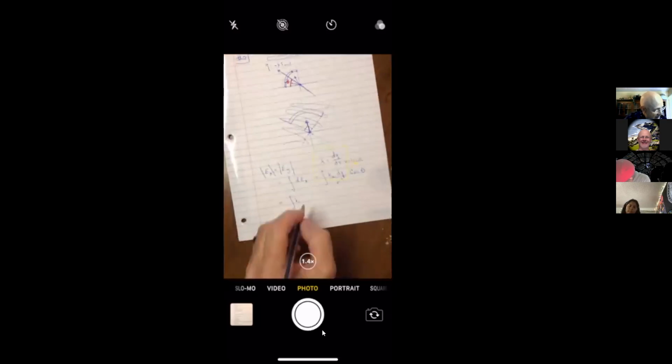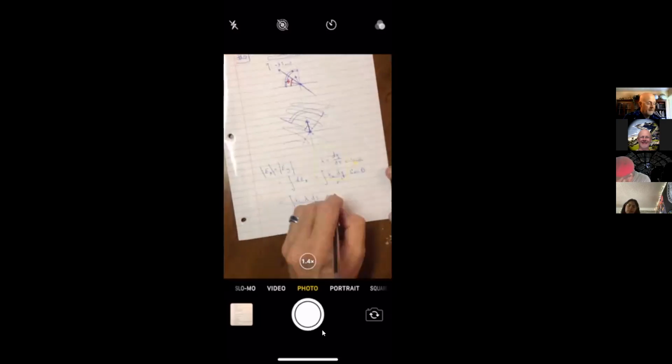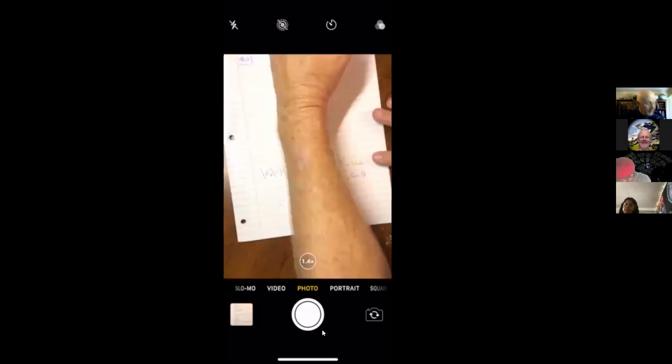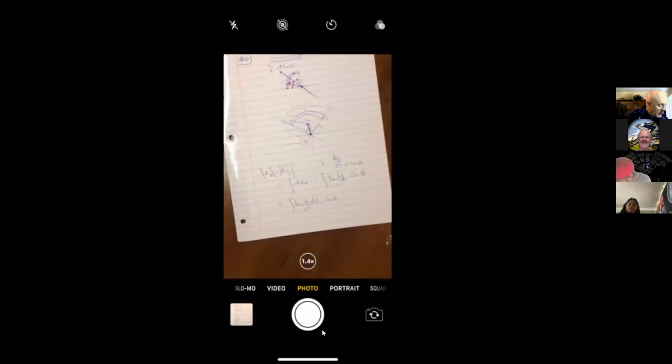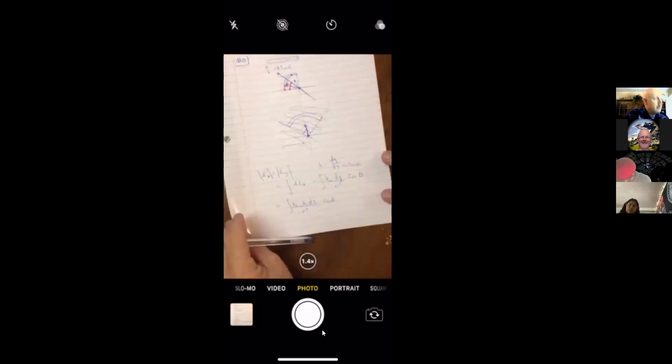And so let me write this as lambda ds, and then r squared cosine theta. I'm going to put page 1 here. Okay, and so that's kind of that big piece. Let me just shift that paper down here and keep going.